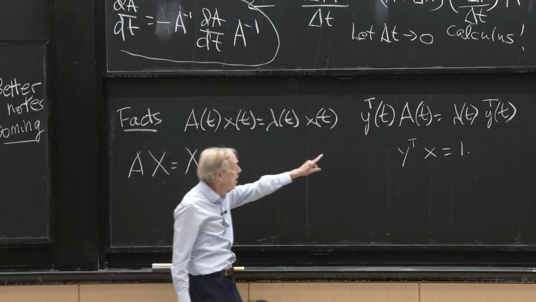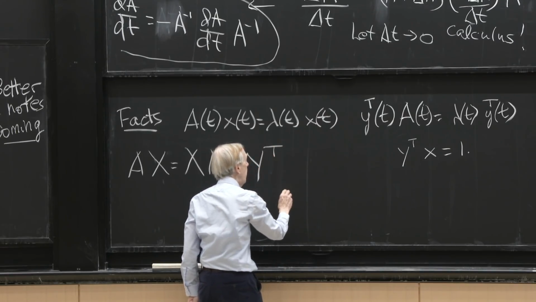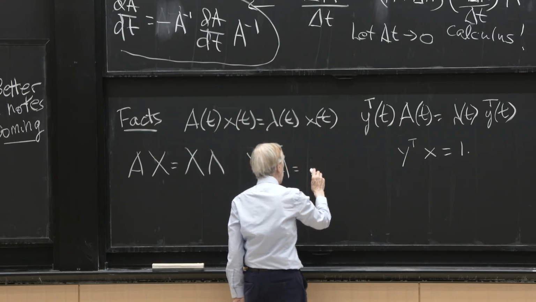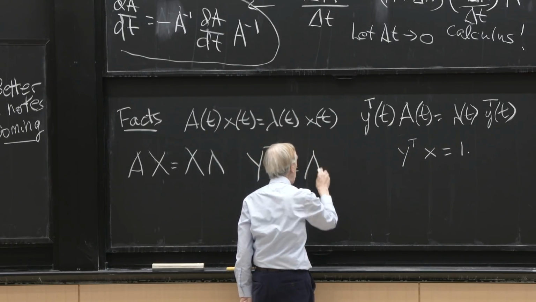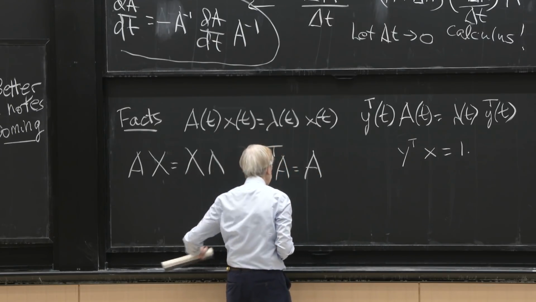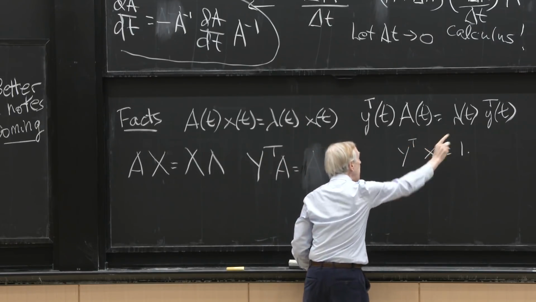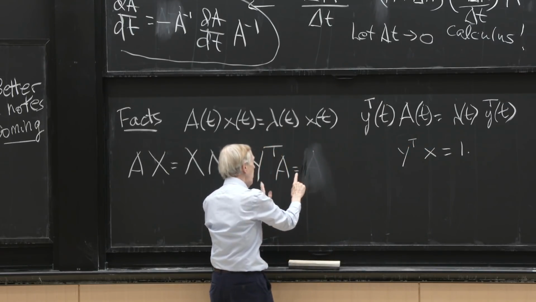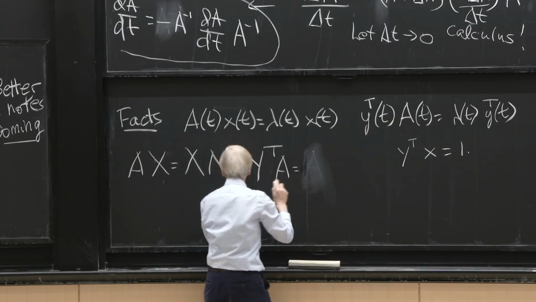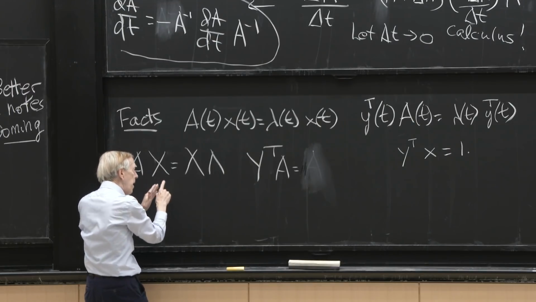What would this one be? This would be like Y transpose A equals lambda Y transpose. I feel wrong if I write Y transpose on the wrong side; here the X was on the right and on the left.